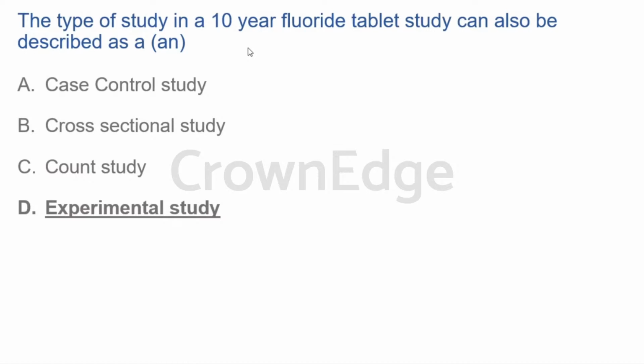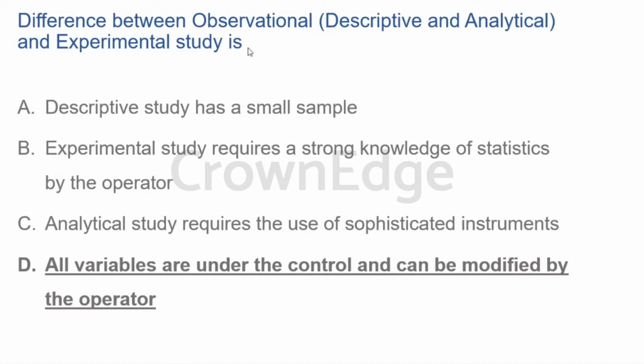A 10-year fluoride tablet study means that you give fluoride tablets to a population, observe them for 10 years and see the effect, and then compare it with the effect before giving this population fluoride tablets. So this type of study falls under experimental study. The answer here is D.